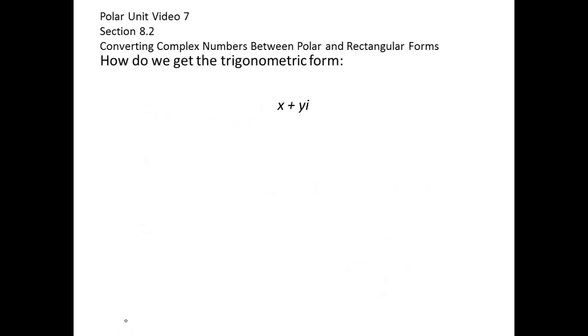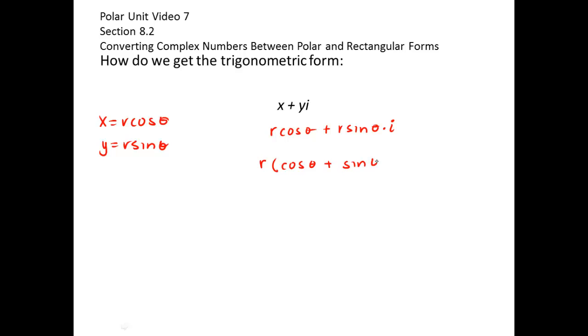Let's keep going. Okay, so how do we get the trigonometric form? If I replace x equals r cosine of theta and y equals r sine of theta into this form, I'd have r cosine of theta plus r sine of theta times i. If I were to remove the r from this and factor it out, I'd have cosine of theta plus sine of theta times i.